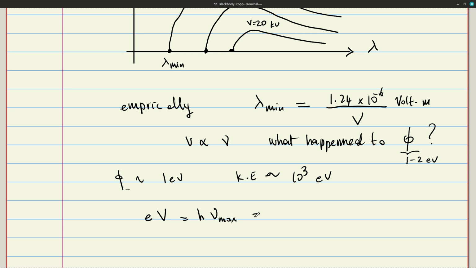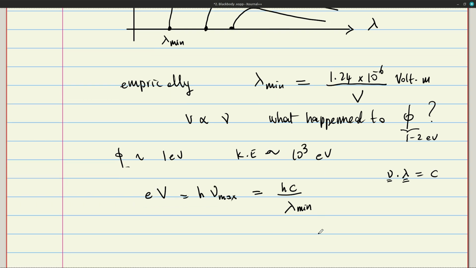And this is going to translate to hc, right? Like nu times lambda is equal to c. This is how light travels. Then I can write things either in terms of nu or lambda, and this is going to translate to hc over lambda min.